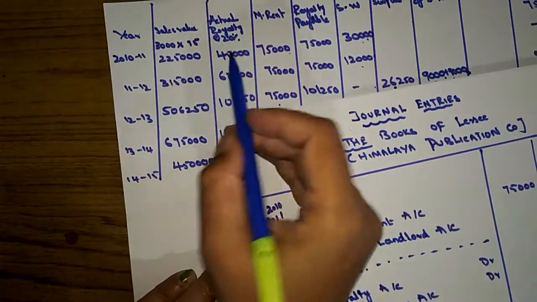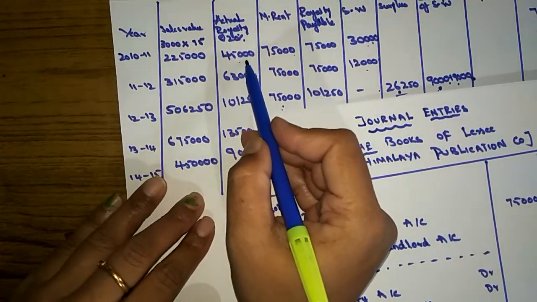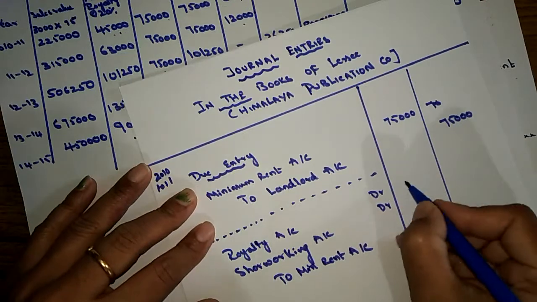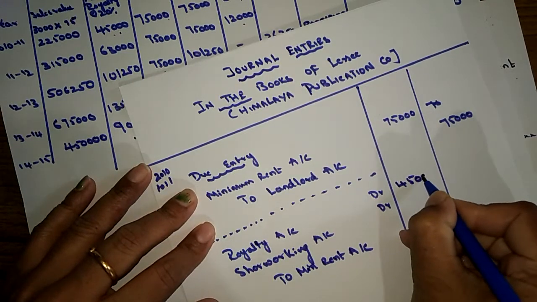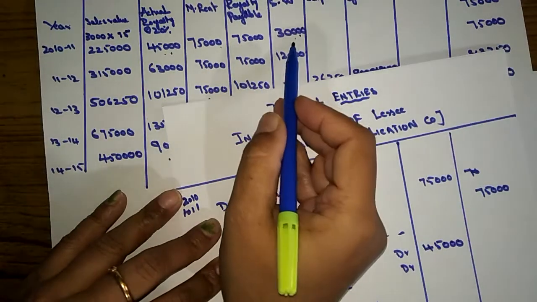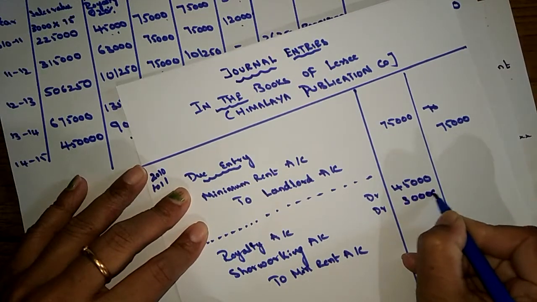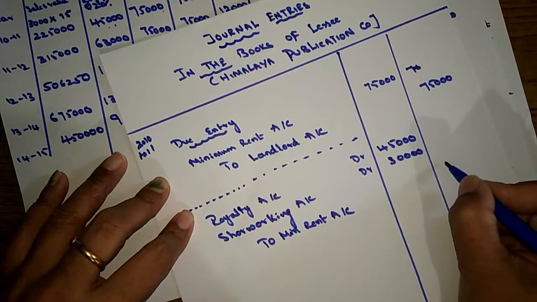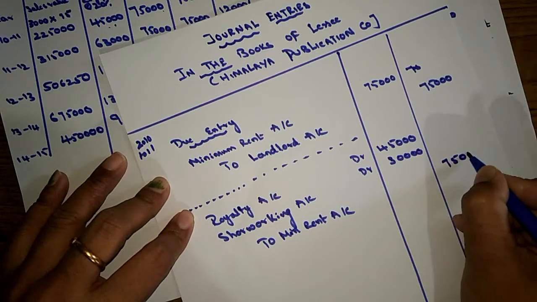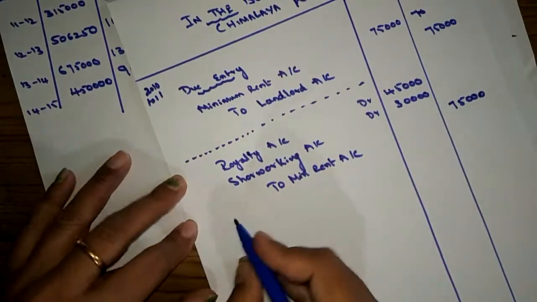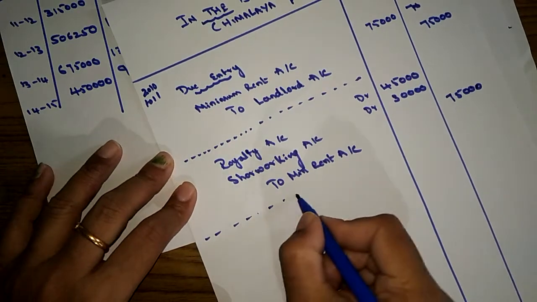So how much was the royalty in the first year? It was 45,000. And how much was the short working in the first year? It was 30,000. So total of this is 75,000.